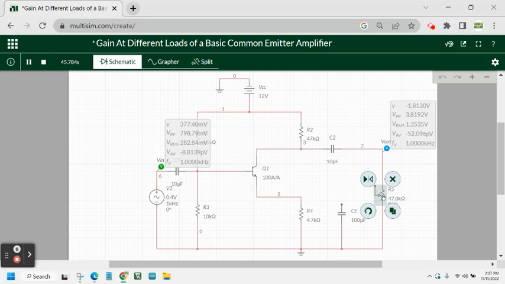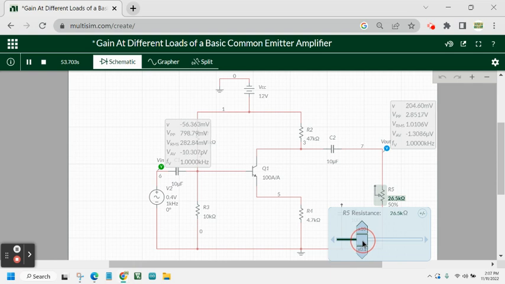Now let's try to lower the value of our resistance. Let's make it, let's say, 18 kilo ohms. So the effect is that the peak to peak output voltage becomes much lower also.